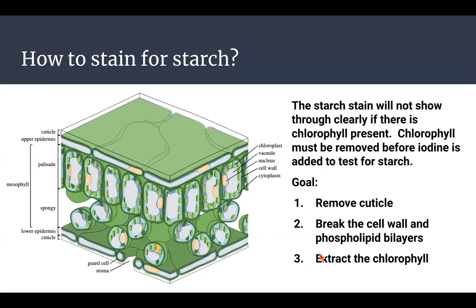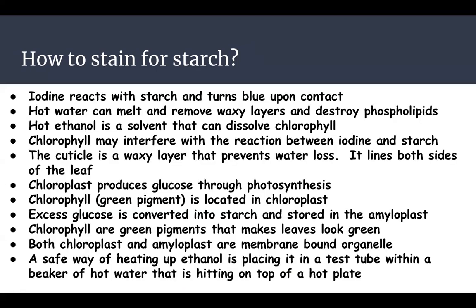Number three, how can you extract the chlorophyll and remove all the green pigment so that it's not going to interfere with the color that you're seeing after it's been stained? So use these statements to help you, and they should be ready by next class so that we can dive in and do our experiment.